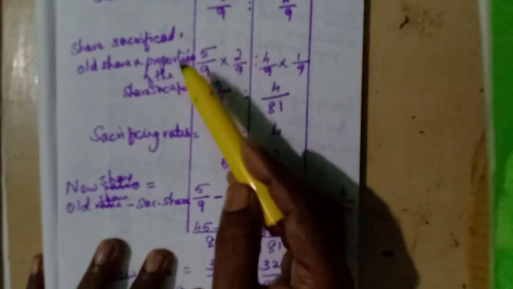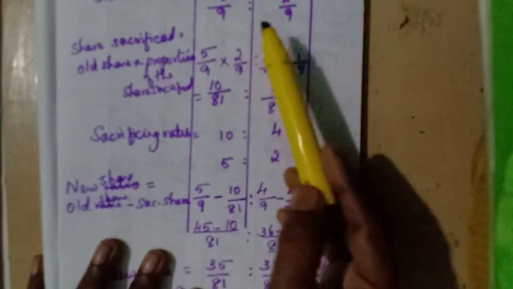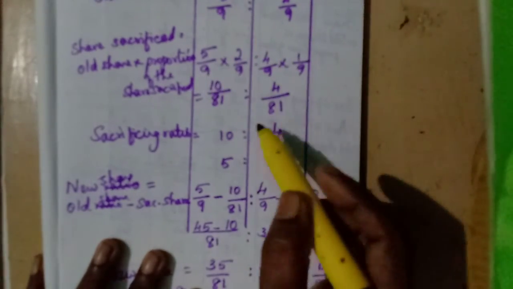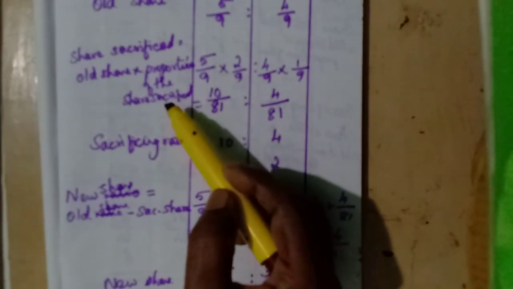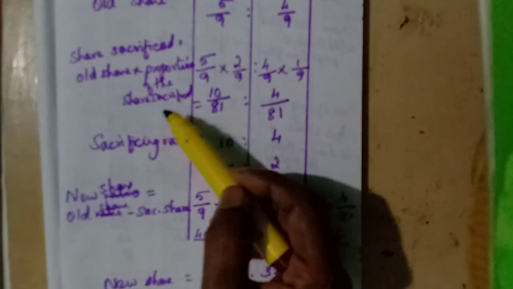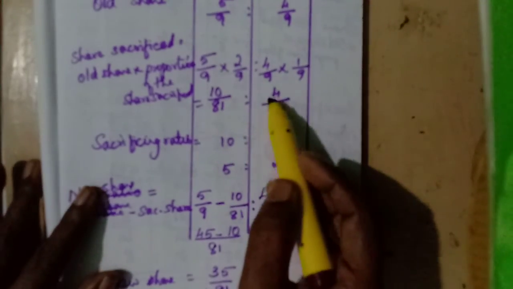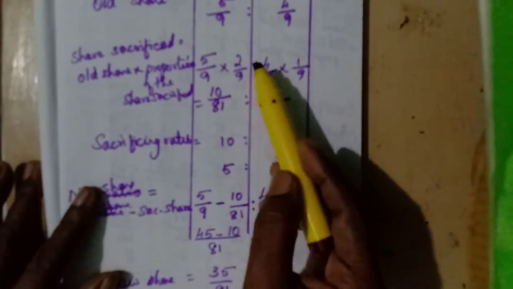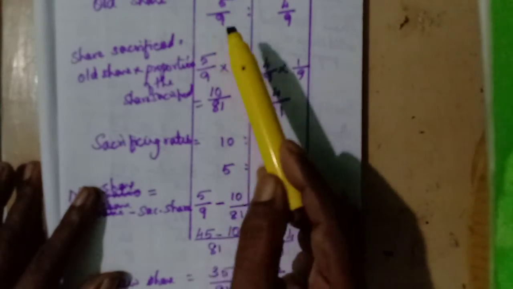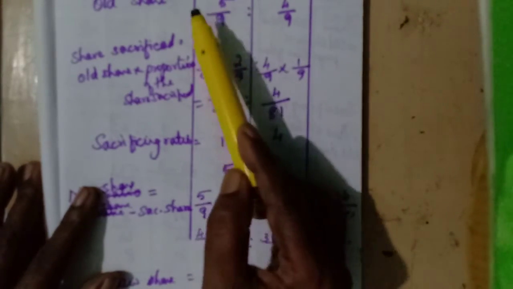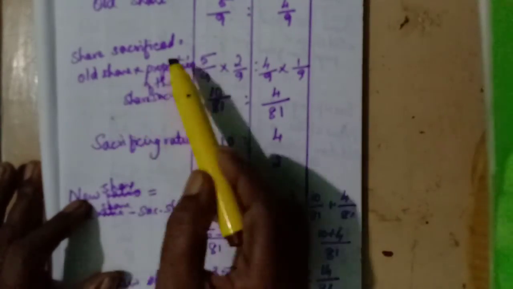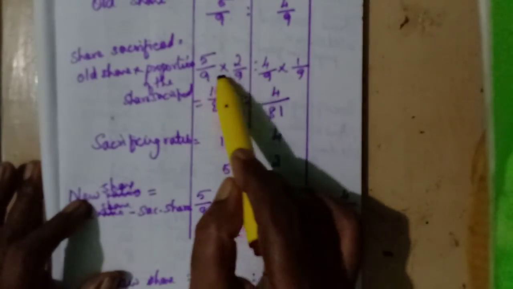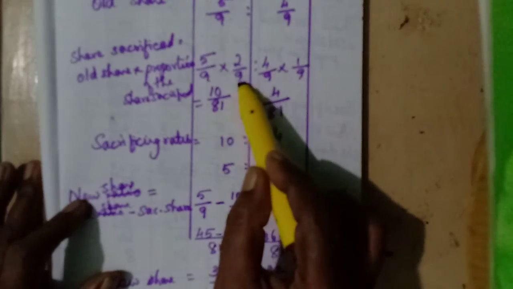Okay. Next method. Here, proportion of the share sacrificed is given. Then old share ratio, old share we will calculate. Share sacrificed is old share into the proportion of the share sacrificed.